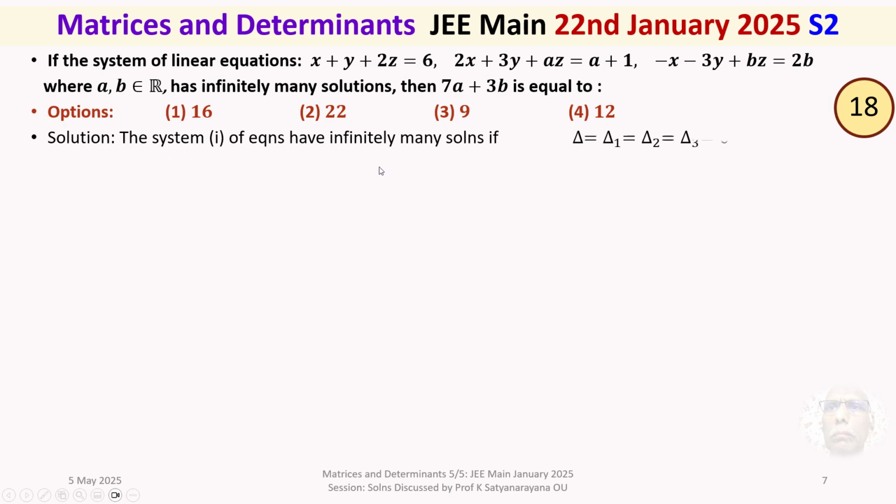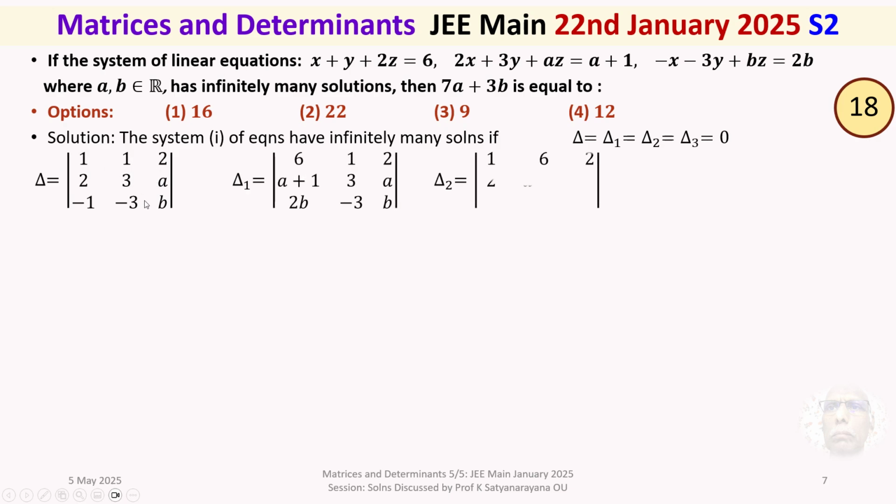This system 1 of equations has infinitely many solutions if delta is equal to delta 1 is equal to delta 2 is equal to delta 3 is equal to 0, where delta is the determinant of the coefficient matrix of the system, and delta 1 is the determinant same as delta, whose first column is replaced by the values 6, a plus 1, 2b.